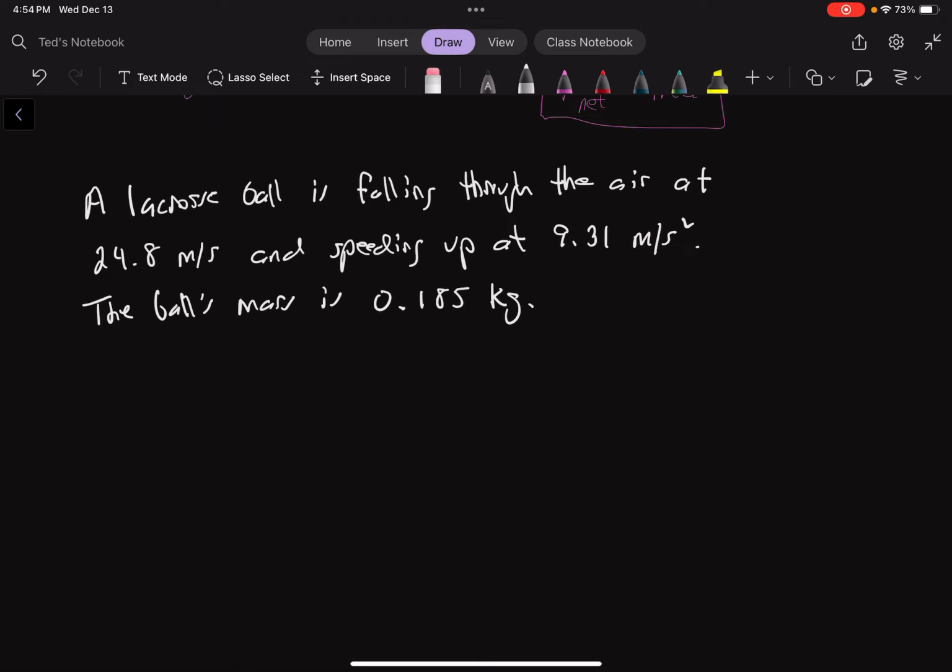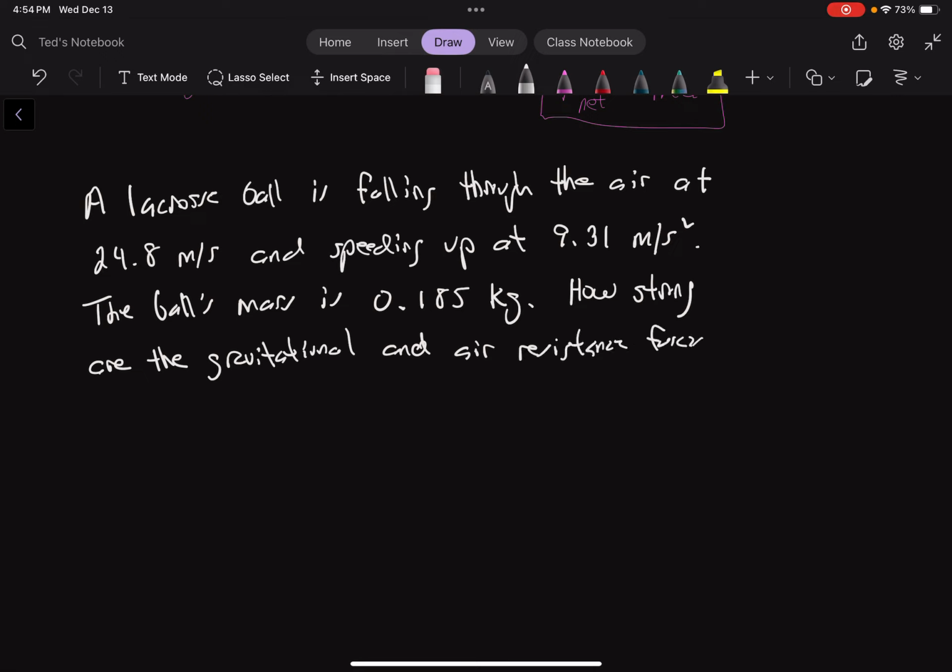So what I want to know is how strong are the gravitational and air resistance forces acting on the ball.